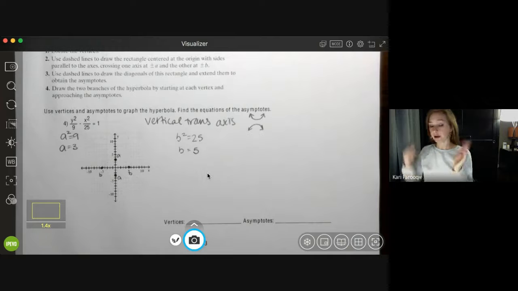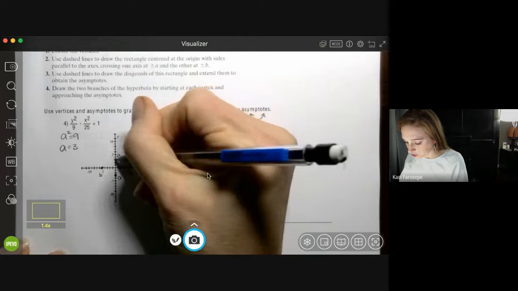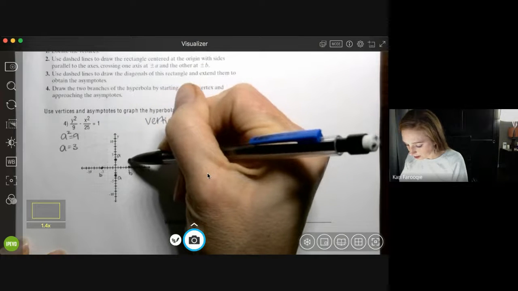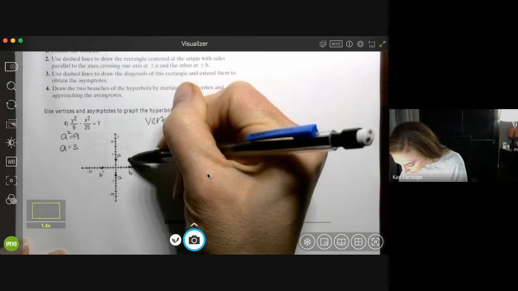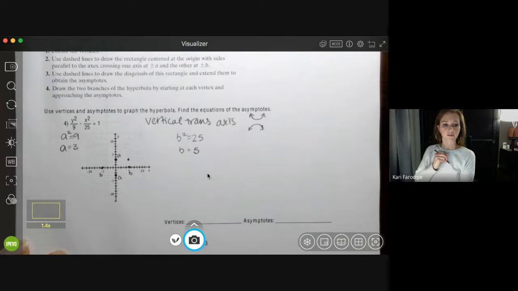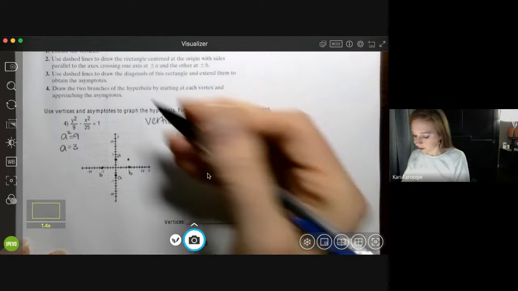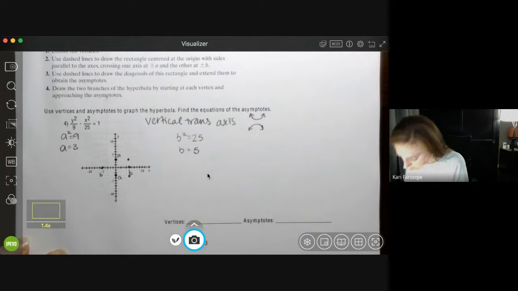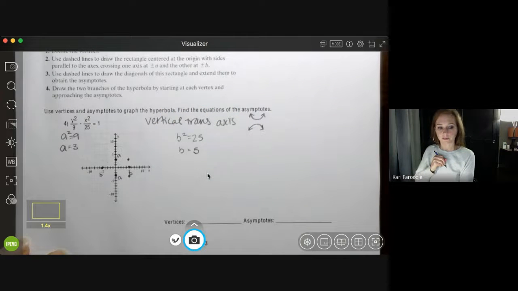All right, now to draw your box, you're going to draw points at each of these corners. There's going to be a corner at B, A, which is 5, 3. So put your corner on there. You're going to have another one at B, negative A, which is right here. There's another corner of your box.